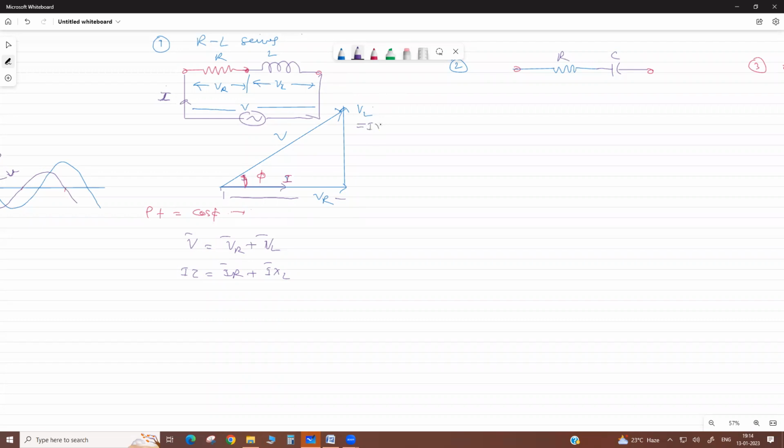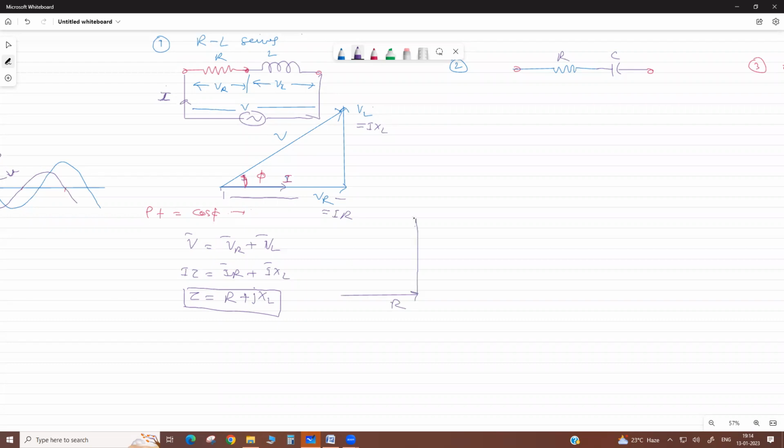VL equals IXL. VR equals IR. And total V equals IZ. Then I cancels, and Z equals R plus jXL. Either vector sum, or we can write it in real and imaginary parts. This is your impedance. We can draw the impedance triangle.